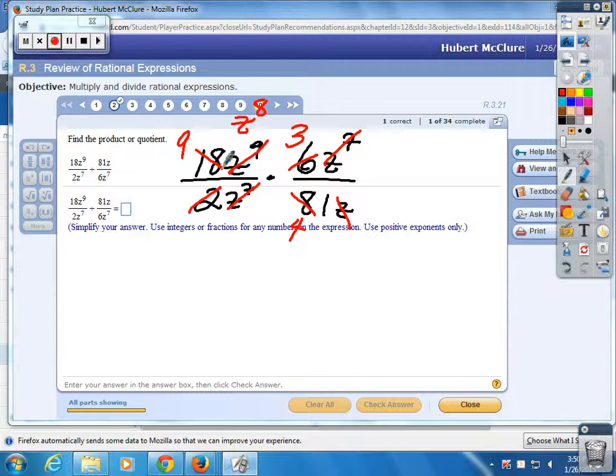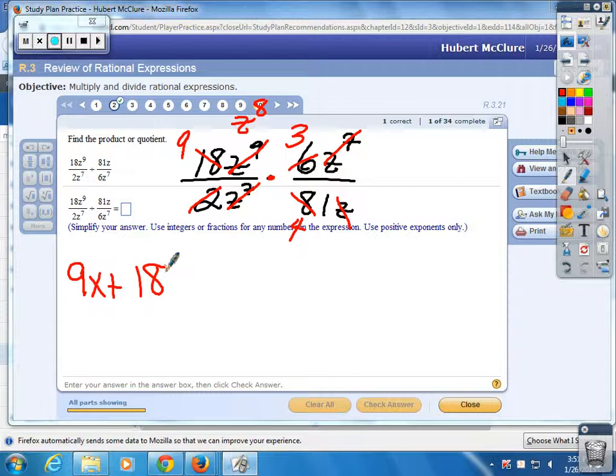Can't you factor out 9 out of this? Maybe 9 goes into 18 two times, 9 goes into 81 nine times? Yep, what are you going to do with the 9? You can't factor out because this is multiplication and these are just single terms. You have to cancel. You only factor out of something like 9x plus 4, or 9x plus 18, that's a binomial.